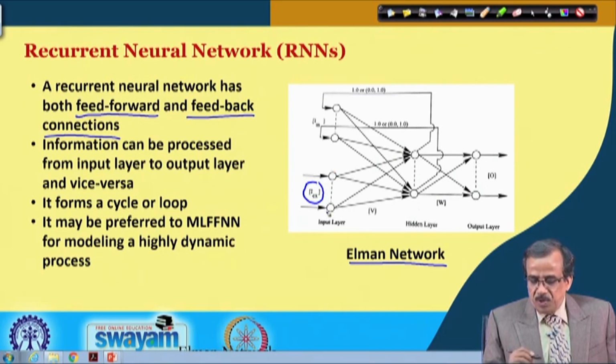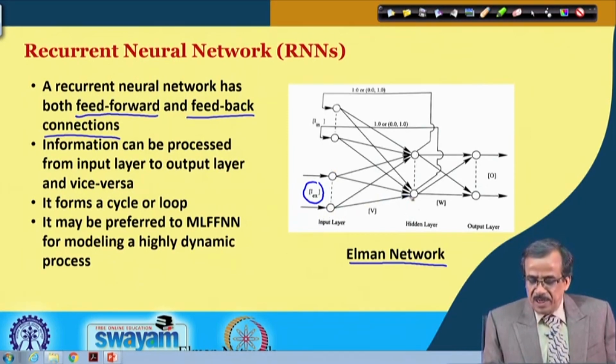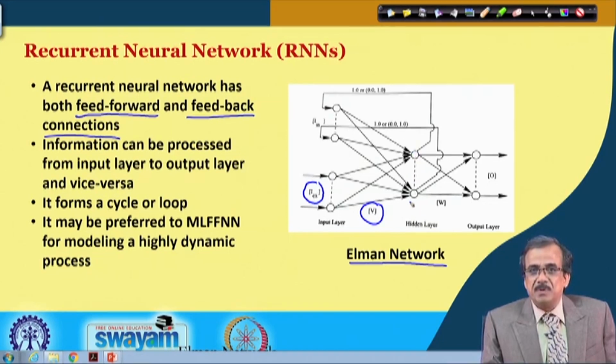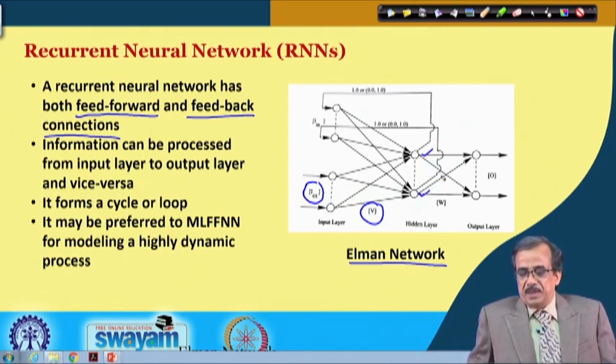We have the connecting wires between the input layer and the hidden layer, denoted by V. The neurons on the hidden layer have some transfer function, and depending on this transfer function, I will be getting some output here, and some output here.